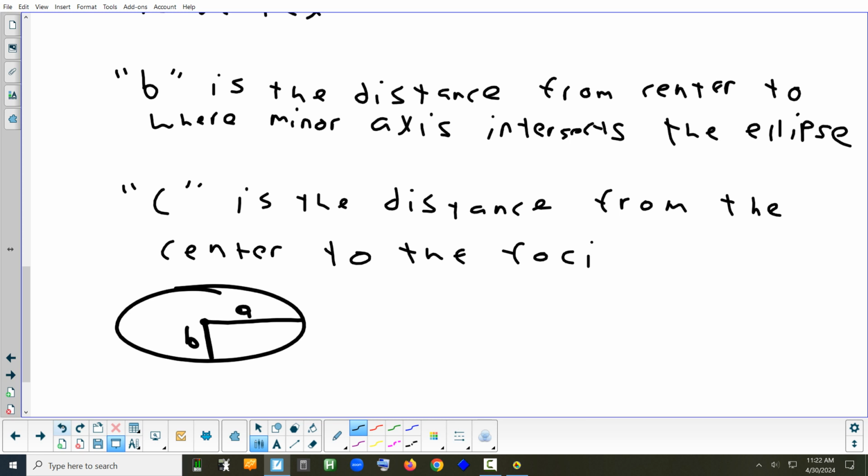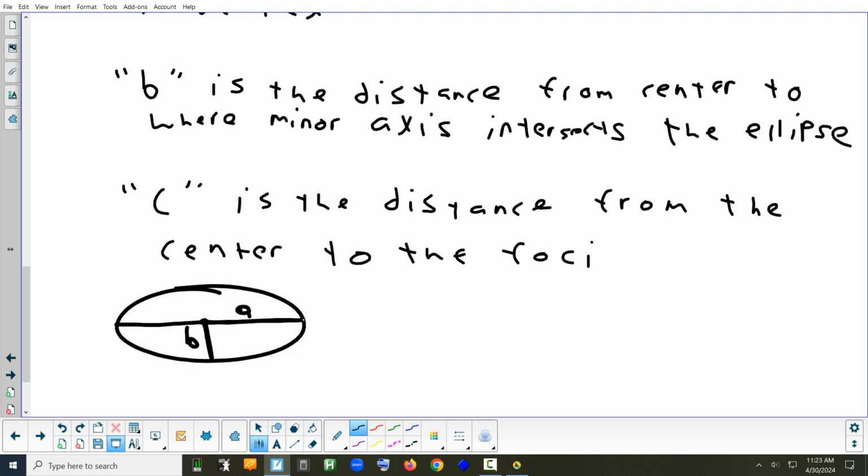So we have to think about things like if they told us in the problem the length of the major axis is 10. If they tell you something like that, they've just told you A, because this is the major axis from there to there. So if they told you the length of the major axis was 10, how much would A be? 5.